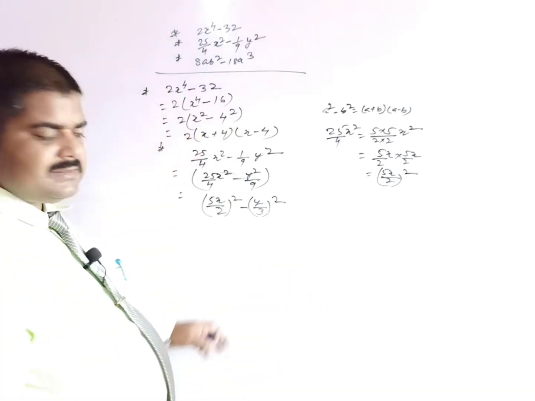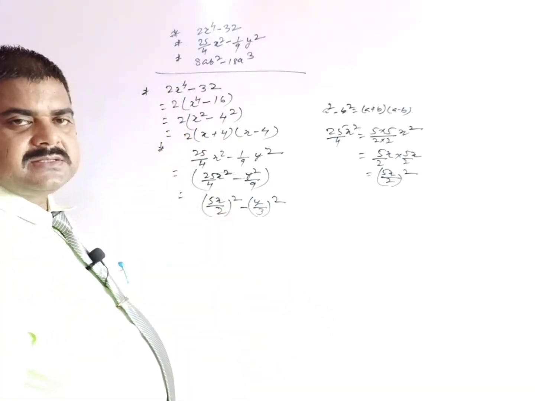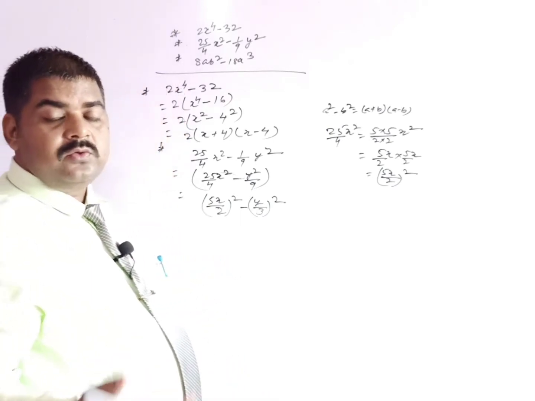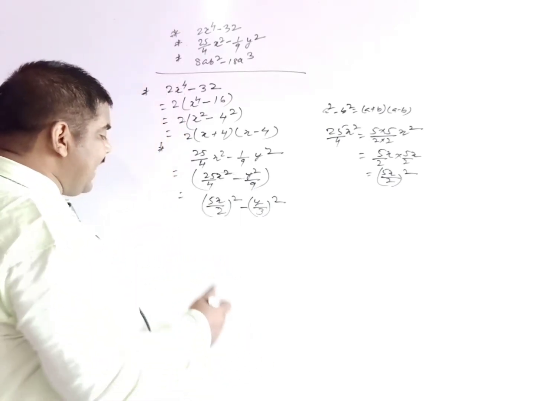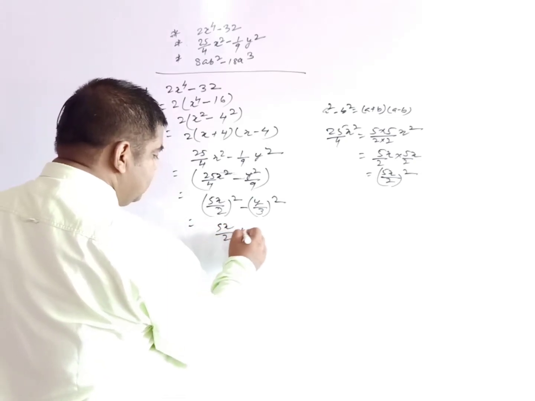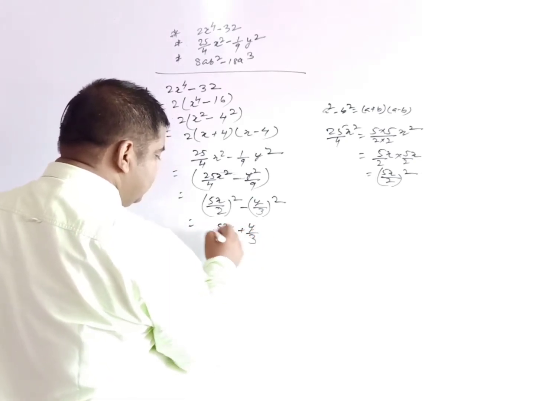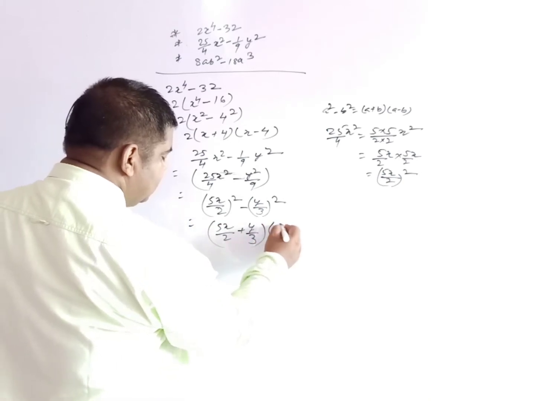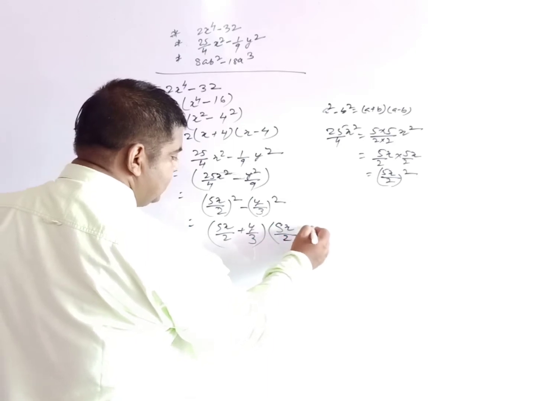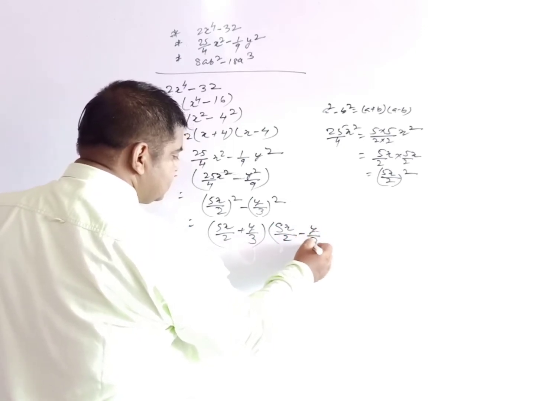So by rearranging them, I have just expressed it in the form of a square minus b square. Now you have to apply the identity, and what will be 5x upon 2 plus y upon 3, because a plus b, and regarding a minus b it is 5x upon 2 minus y upon 3.